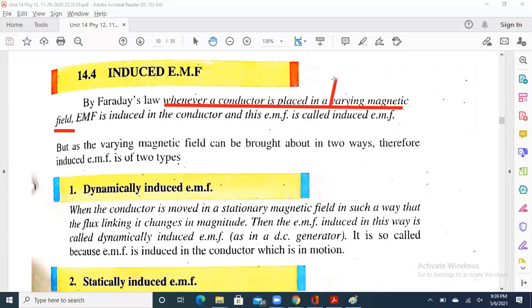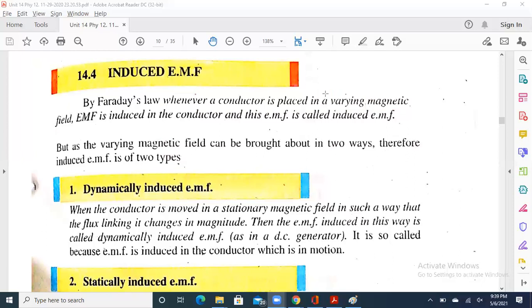Whenever there is a varying magnetic field, varying means changing. It must not be a constant magnetic field. If there is no variation, then there will not be any type of result related to the EMF.